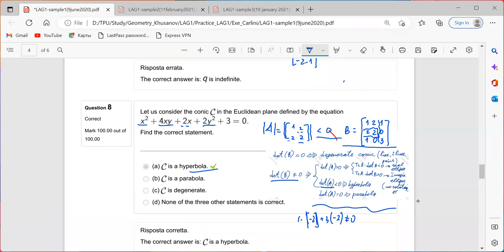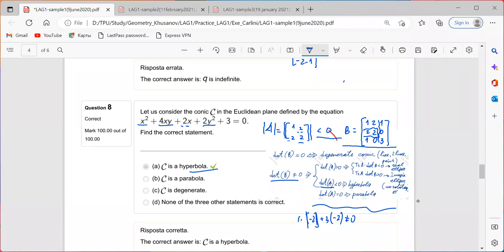So when the determinant of B is 0, in our case we will have a degenerate conic. Degenerate means that it will be not a hyperbola, not a parabola, not an ellipse.